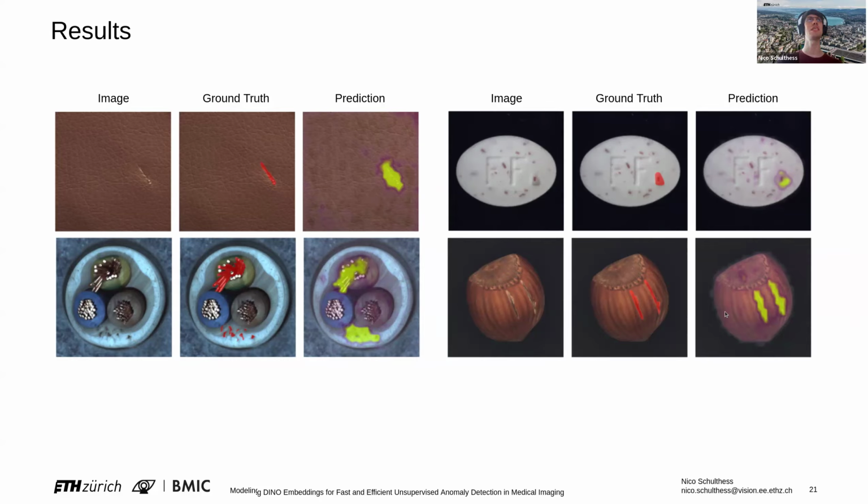So this means that even constructing the memory bank just from a few normal samples, it seems that there is already a lot of knowledge on the normal distribution captured by that.